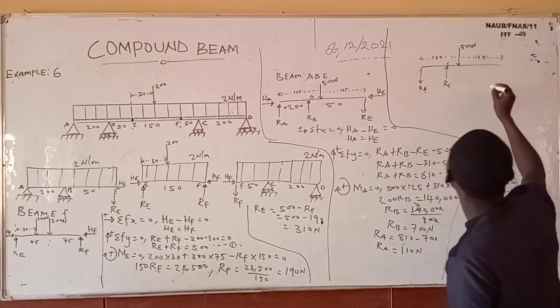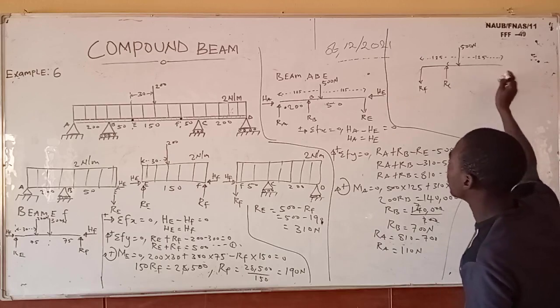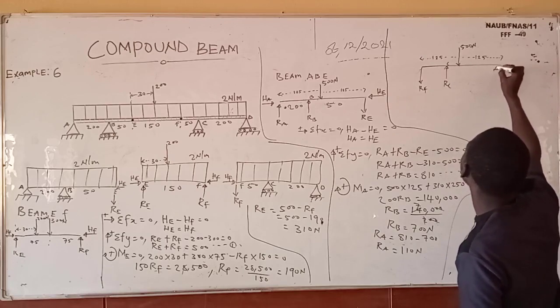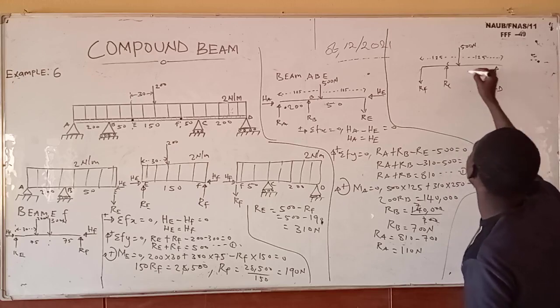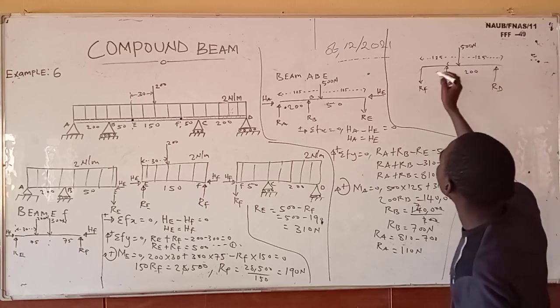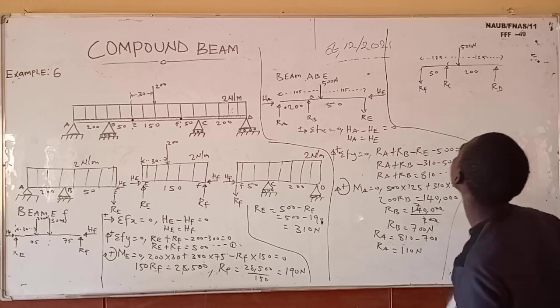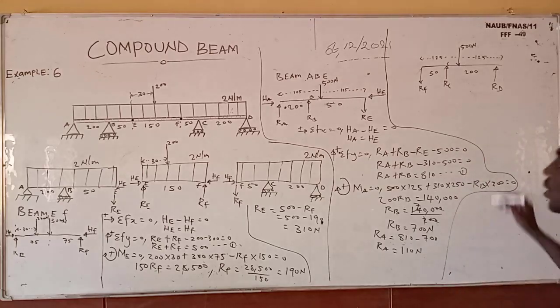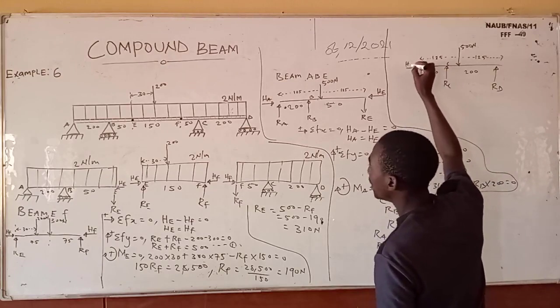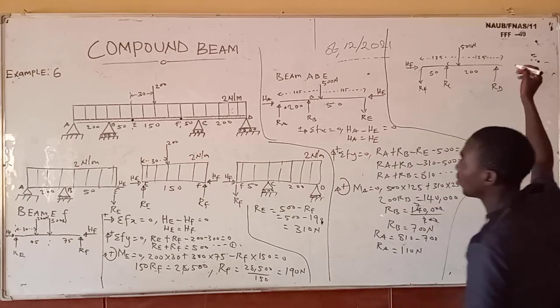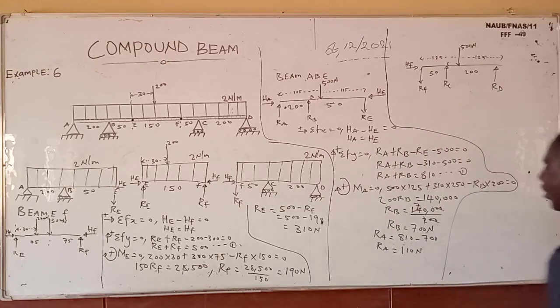So see, this one is the distance from here to here. This one gives us ROD. ROD, the distance from here to here is 200. The distance from here to here is 50. So we have vertical, we have horizontal force HF, and just only HF.